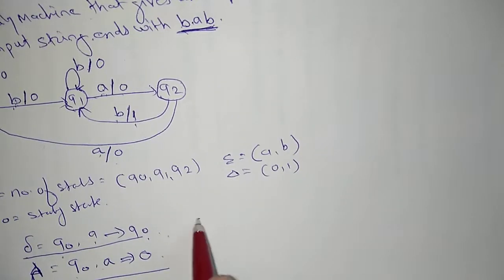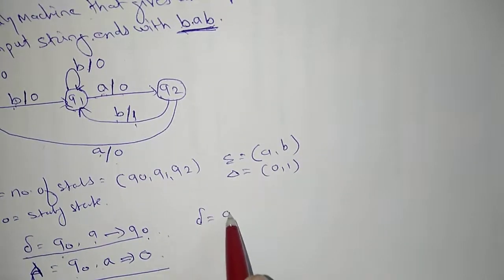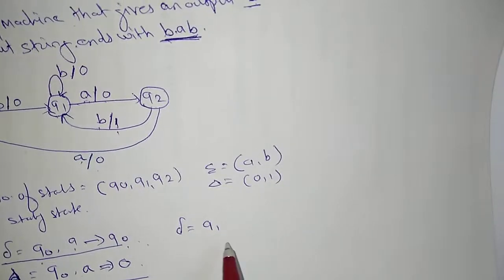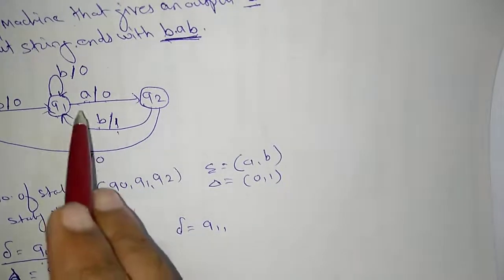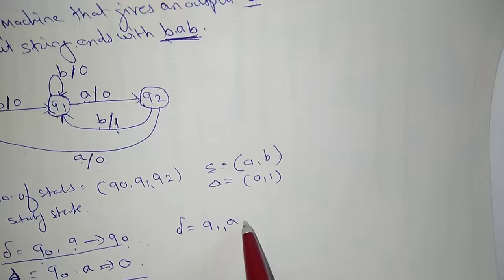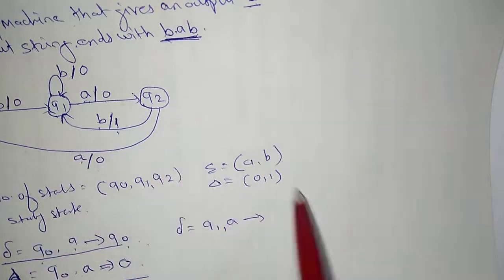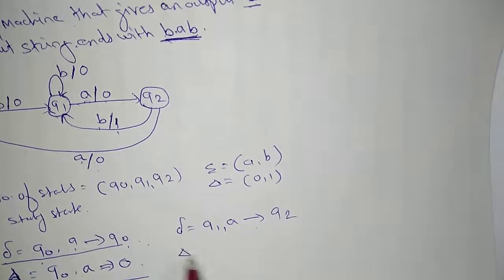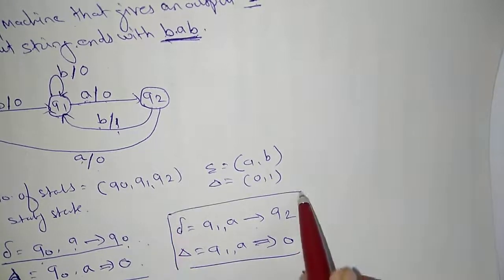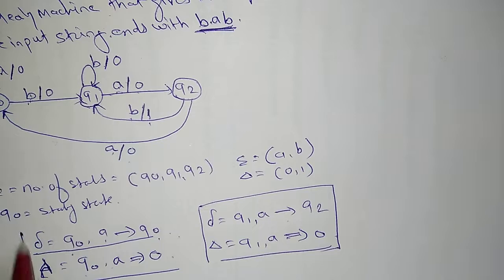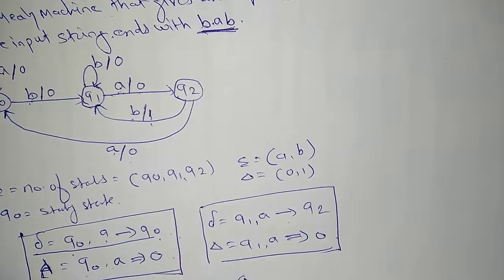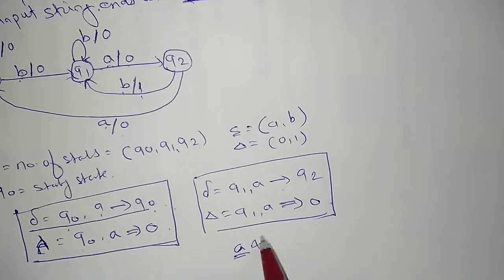Let's write for some other. For Q1, whenever it takes A as an input, the state is Q2. That is the delta function. Q1, after taking A, gives 0. The same functions you can write for all the states with both A and B as input.